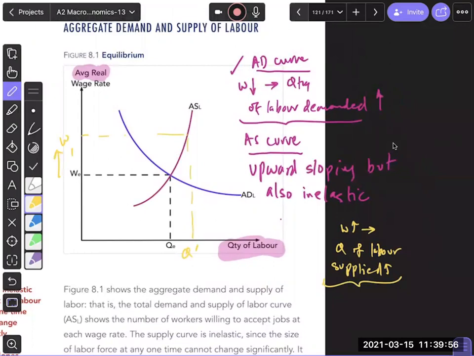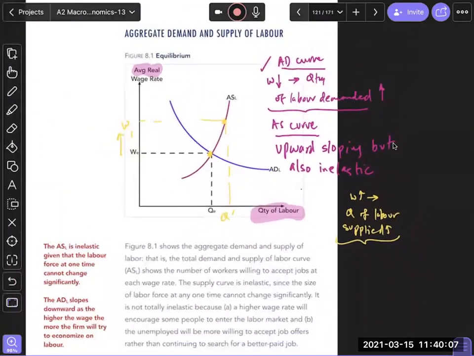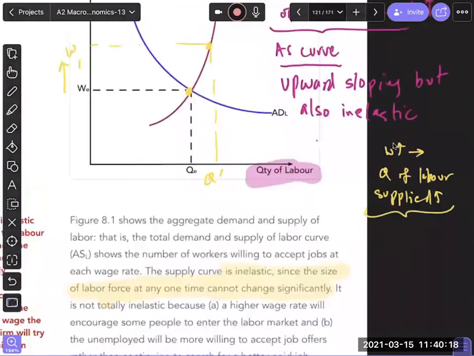Number two, guys, is why it is inelastic. The answer is very simple: the supply curve is inelastic because we're looking at the labor market of the whole country, right? It's inelastic because the size of the labor force at any point in time cannot change significantly. You cannot have many people coming into the labor market suddenly.